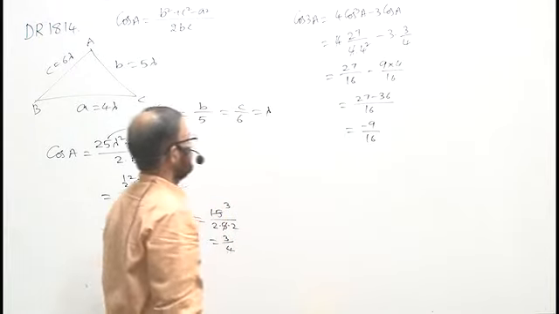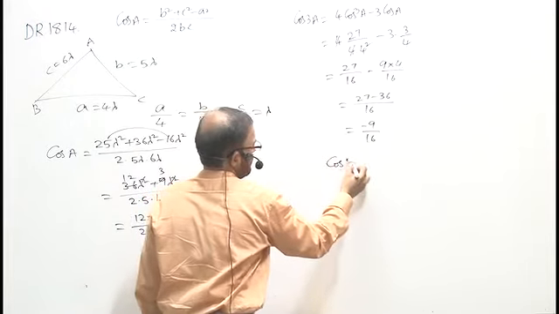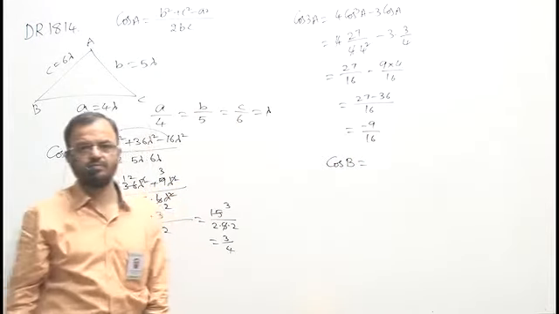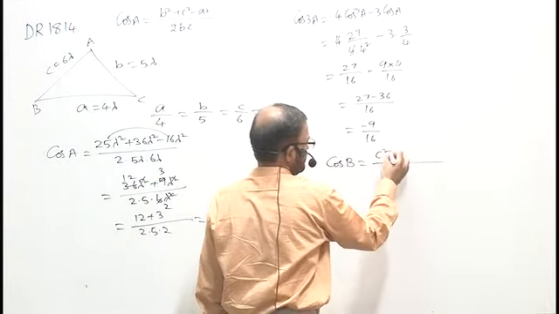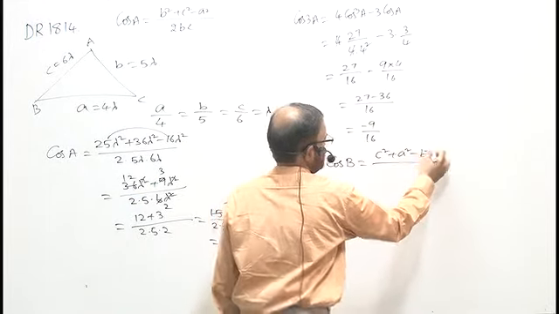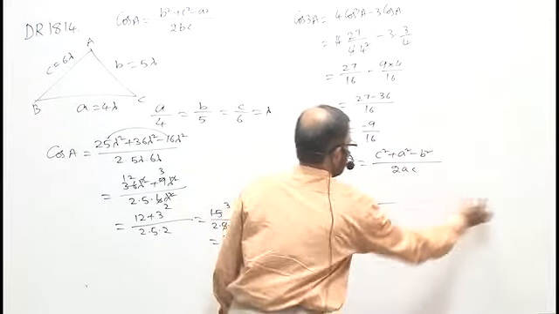Now coming to the angle B, I will find cos B. Cos B according to the formula, I will write as c square plus a square minus b square divided by 2ac.